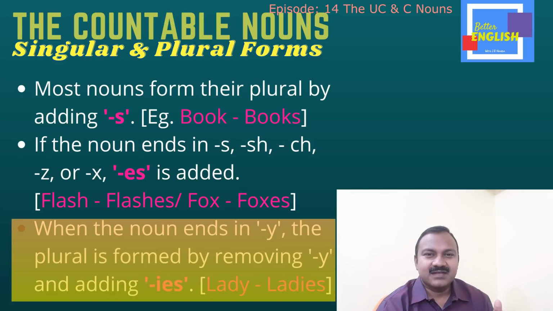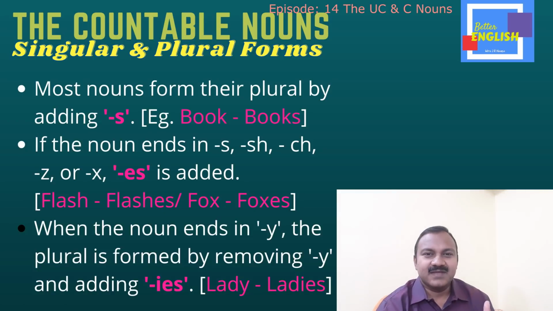And how do you write ladies? Lady, the plural is ladies. You remove y and add ies. And that's how you make the plural form of the singular countable noun.